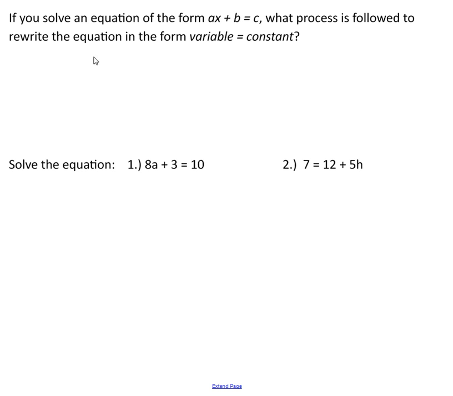In general, what's going to happen each and every single time is that we're going to start by subtracting our constant b from both sides in order to isolate the variable term first by subtraction.